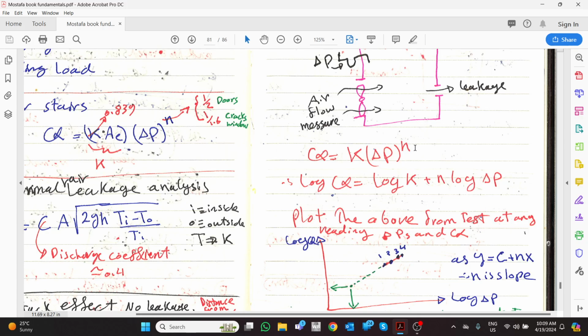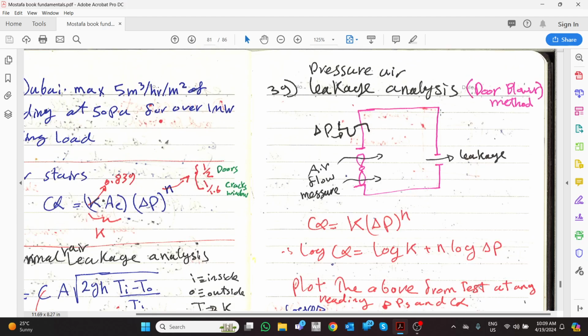Because it is not like fittings with loss coefficients, there are a lot of parameters which you absolutely don't know for a building or a zone. If it is a single room, yes, you can know it.